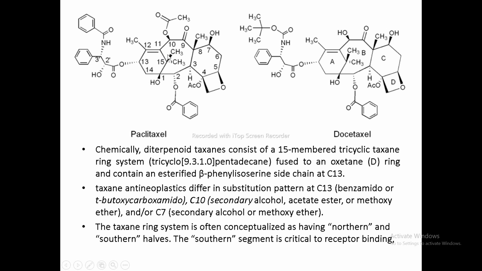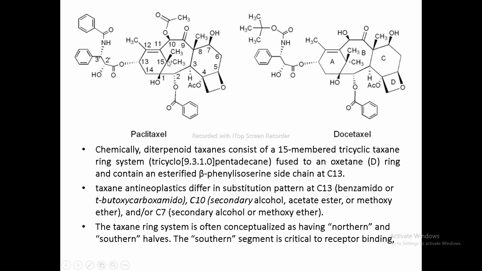It is a 15-membered tricyclic taxane ring system, which is fused to a D ring called the oxetane ring, and it contains an esterified beta-phenylisoserine side chain at C13. So this is the beta-phenylisoserine side chain which is present at C13 of this tricyclic taxane ring system.